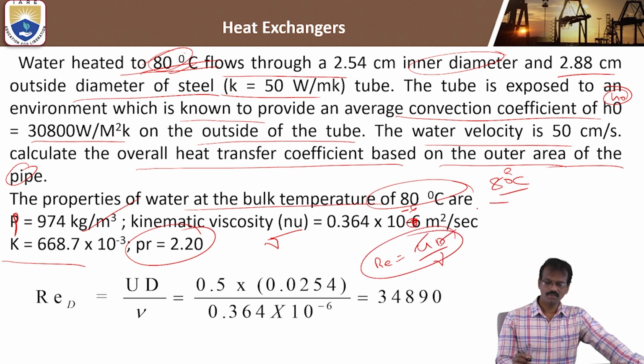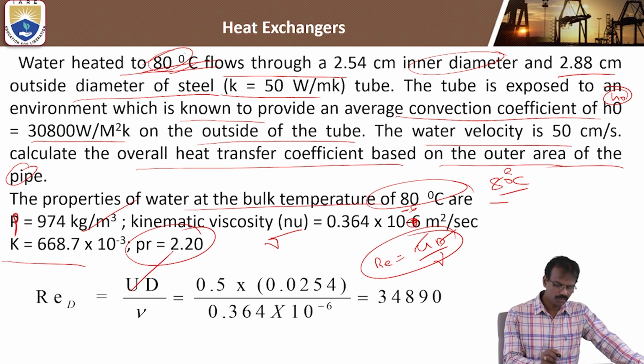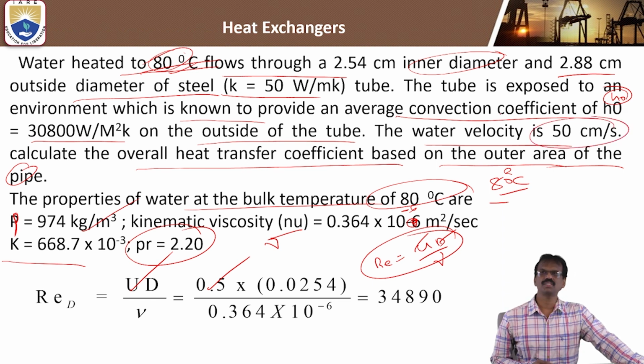Velocity has been given, diameter also given, 2.54 centimeters, which means 0.0254 meters. Velocity is 0.5, already given in the numerical: 50 centimeter per second converted to meters per second, 0.5.